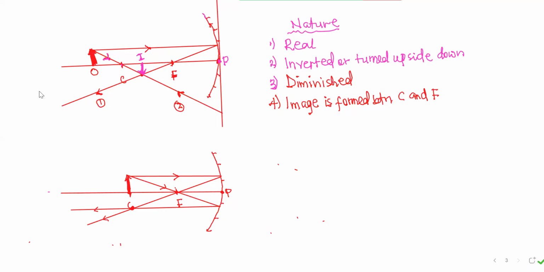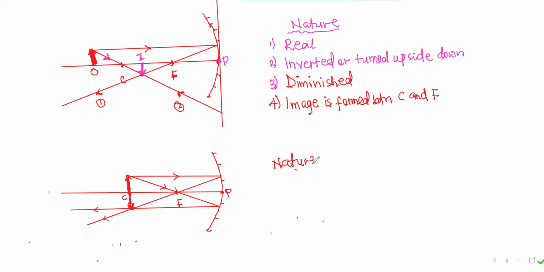Where they intersect is the head of the image formed. And this is C. So let's describe the nature of the image formed.